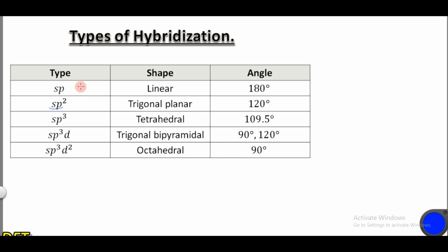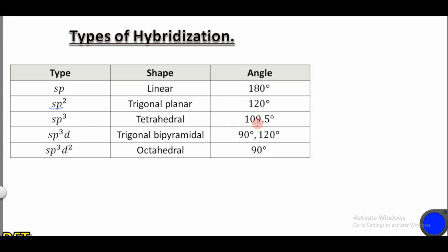So sp hybridization is linear in shape. The bond angle is 180 degrees. sp2 hybridization is trigonal planar in shape. The bond angle is 120 degrees. sp3 hybridization is tetrahedral in shape.